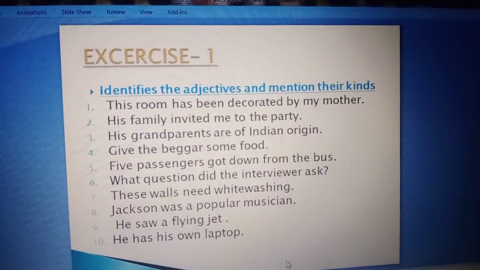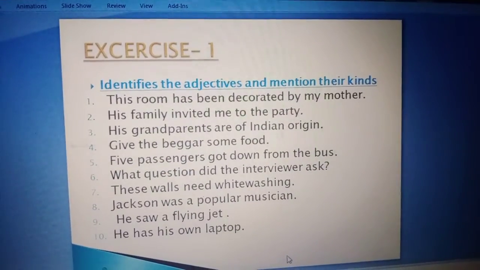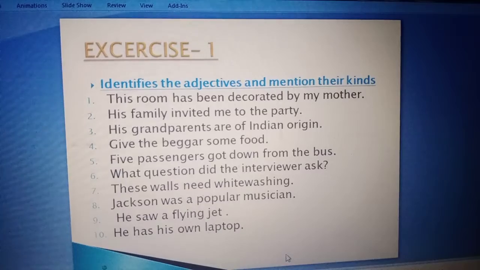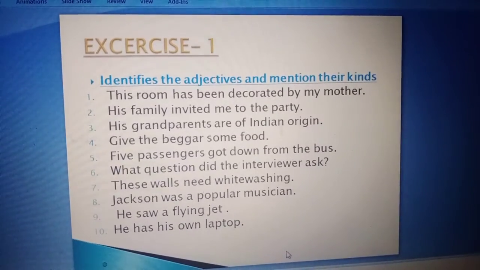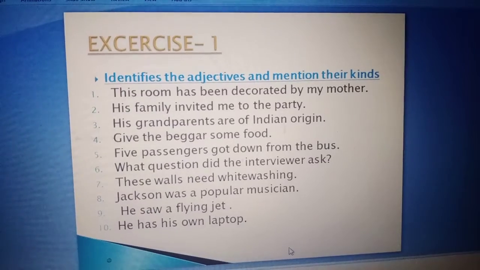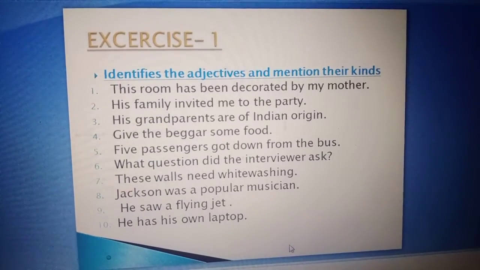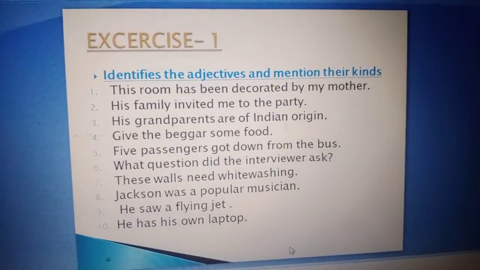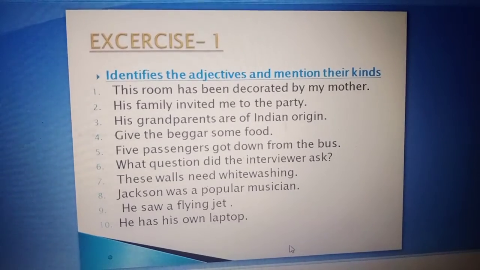First, this room has been decorated by my mother. Second, his family invited me to the party. Third, his grandparents are of Indian origin. Fourth, give the beggar some food.